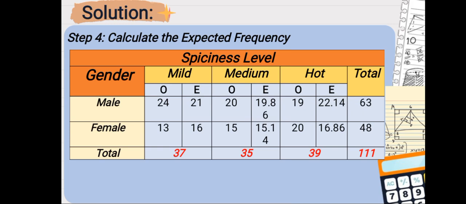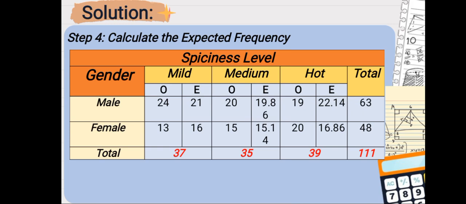So 63 times 37 divided by 111. The answer is 21. Then the same process: 48 times 37 divided by 111, the answer is 16. Next, 63 times 35 divided by 111, we got 19.86.